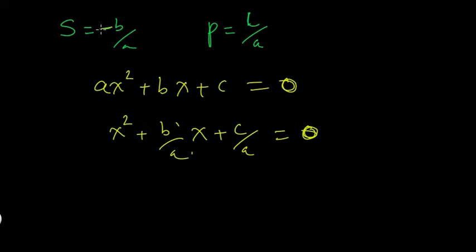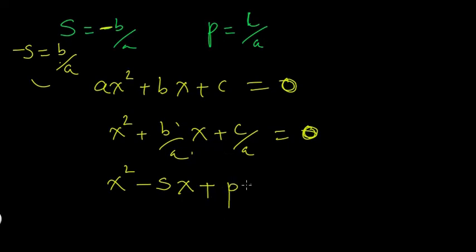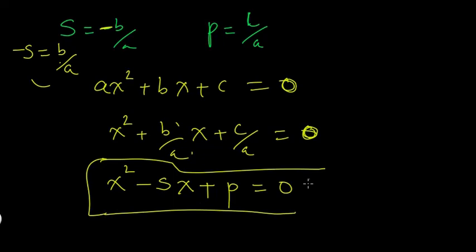Since the sum s is minus b by a, b by a is equal to minus s, so I can substitute b by a with minus s. It becomes x square minus sx, and c by a is equal to p, so I can put p here. So this is also the quadratic equation formula: x square minus sx plus p equal to 0, where s is the sum of the roots and p is the product of the roots.